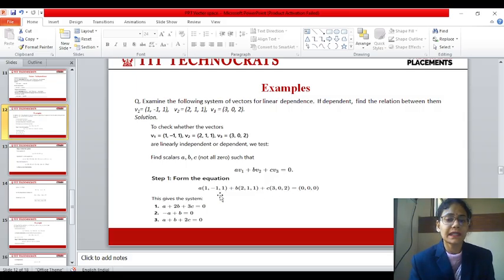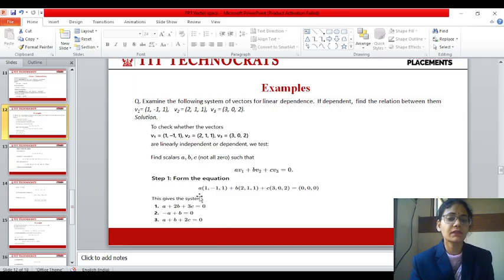Now multiply a, b, c with their individual brackets and add the first components. So the first equation is a plus 2b plus 3c equals 0. The second equation will be minus a plus b plus 0 equals 0.